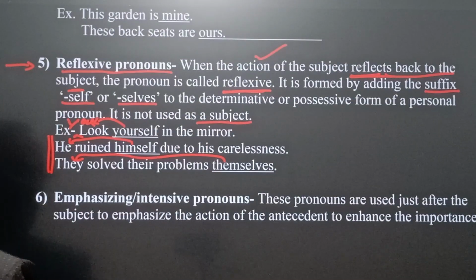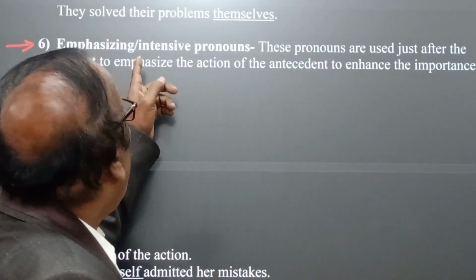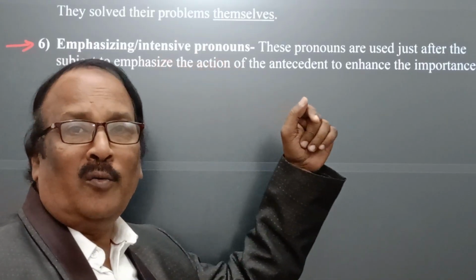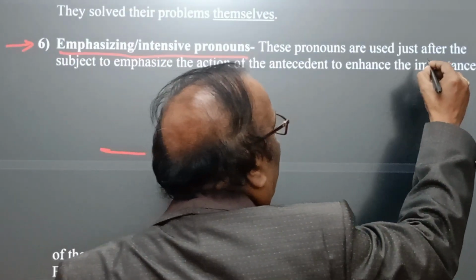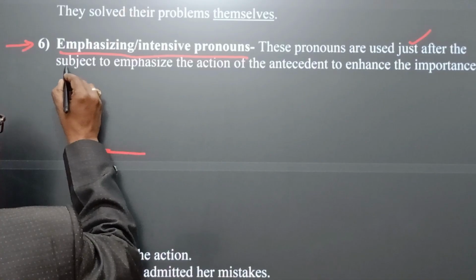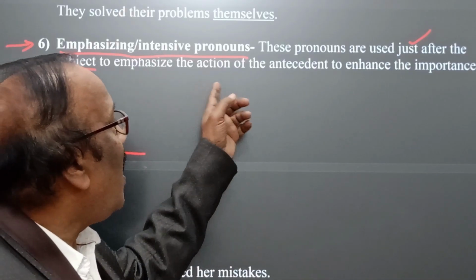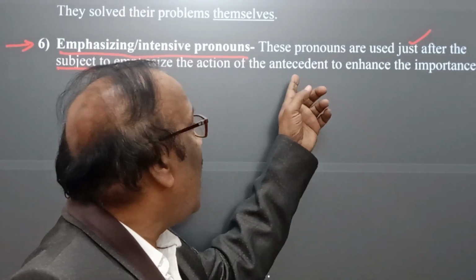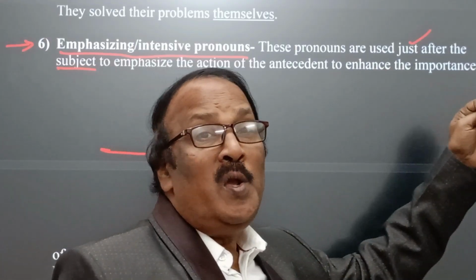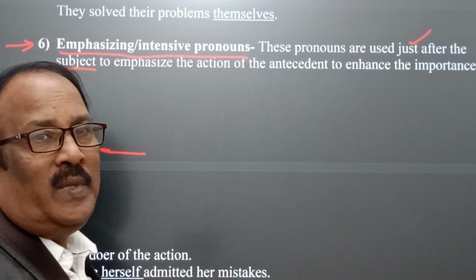Now come to the next idea, emphasizing or intensive pronouns. These pronouns are used just after the subject to emphasize the action of the subject or antecedent, to enhance the importance of the doer of the action.